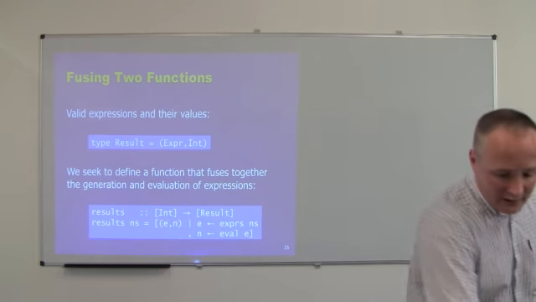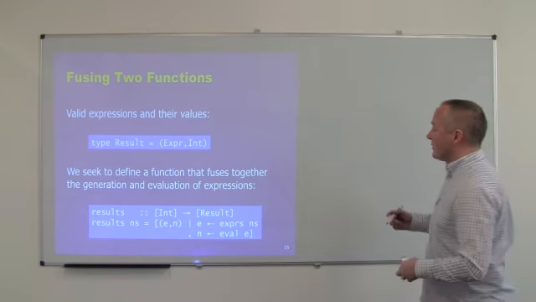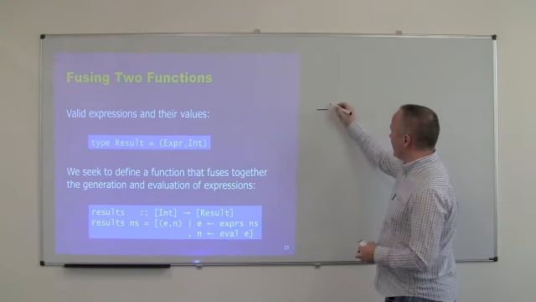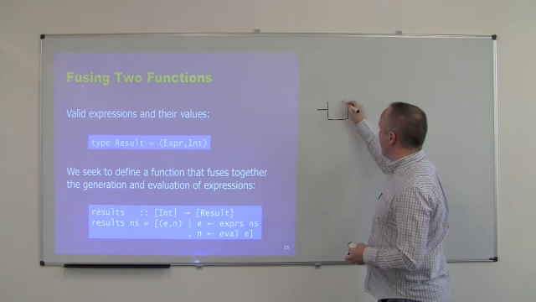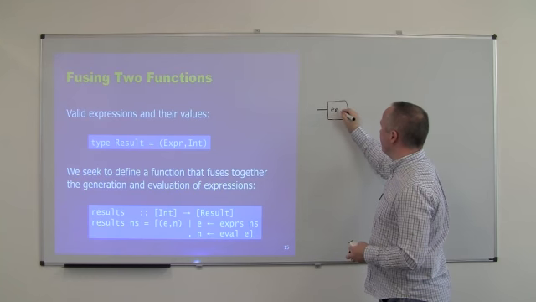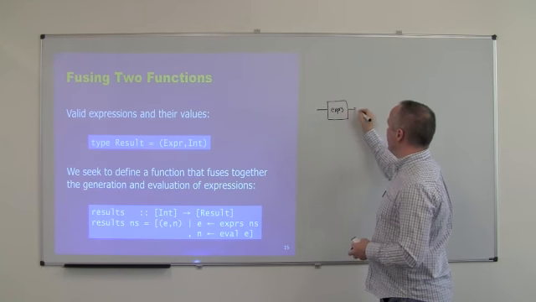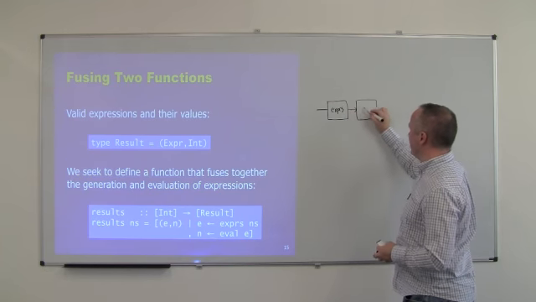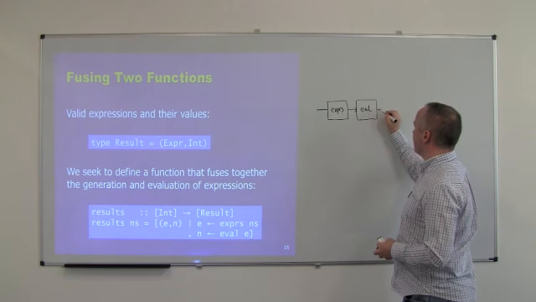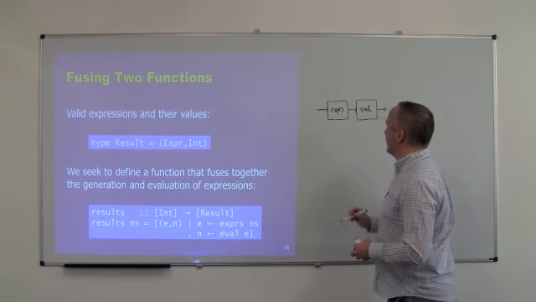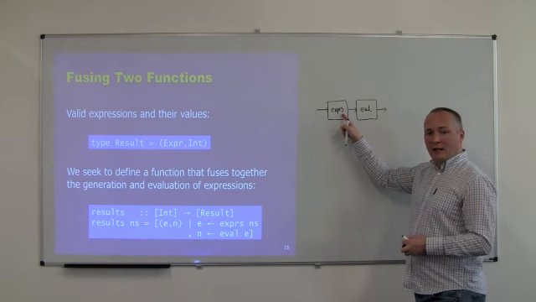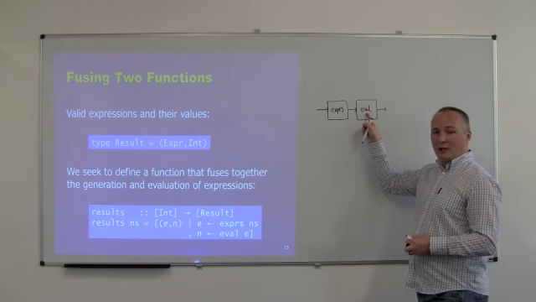We can draw a little picture to illustrate what we're trying to do. Essentially we have a generate and test approach at the moment. We have an expressions function which is generating expressions, and those are being fed into an evaluation function. The problem is that many of the expressions this generates will be invalid, and then the evaluation function will reject them.